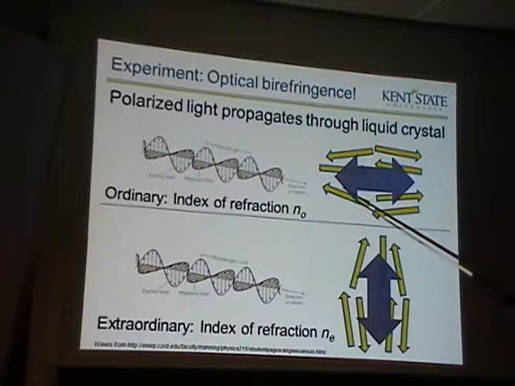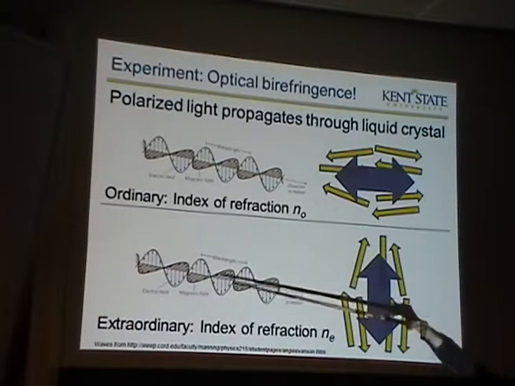So as the electric field comes in here, it's trying to push the electrons up and down, perpendicular to the average orientation of the molecules. So it can do that some, but it's hard to push electrons perpendicular to the long axis of the molecules. You can't push them very far.